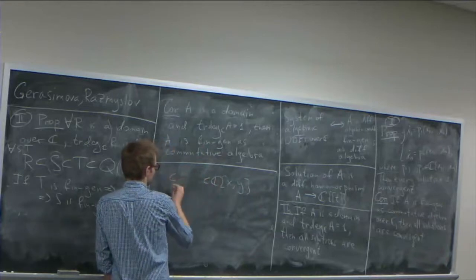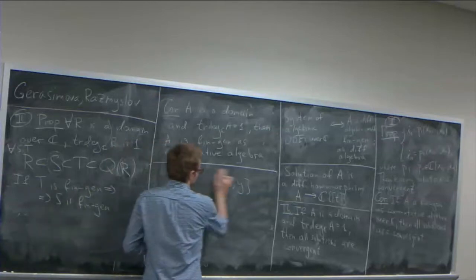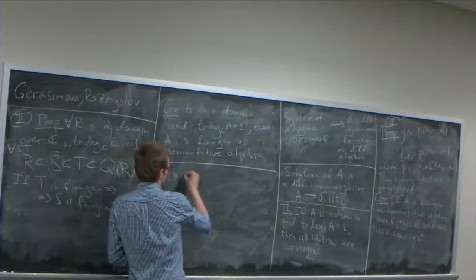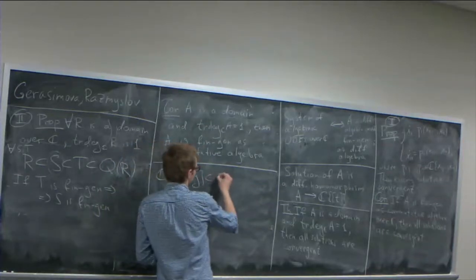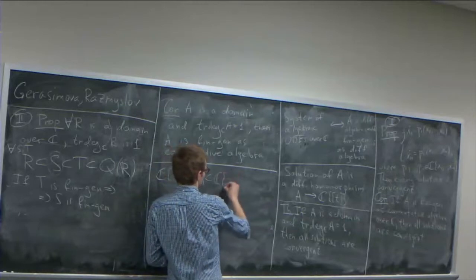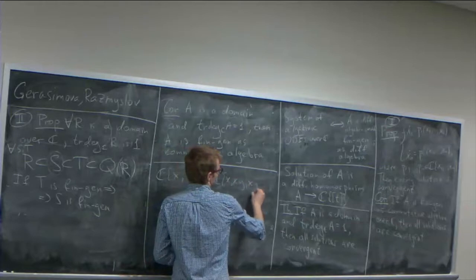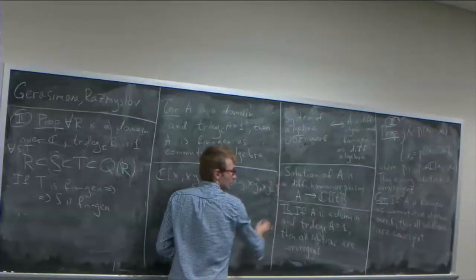Then the smaller algebra will be C[x, xy], this is something finitely generated. Then it can be considered as a subalgebra of C[x, xy, xy squared, xy cubed, ...].